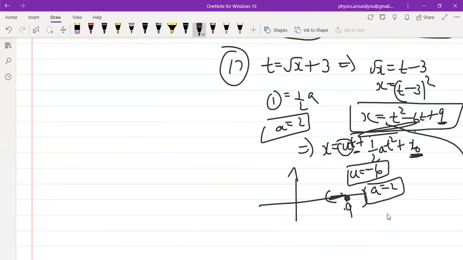When is its velocity 0? V equal to u plus at. V is 0. U is minus 6. A is 2. So from these, I get t as 3 seconds.